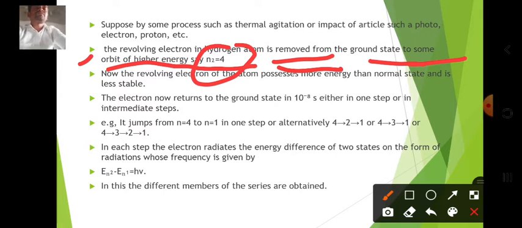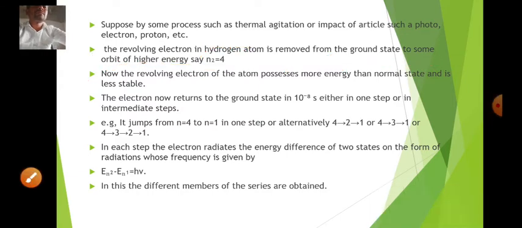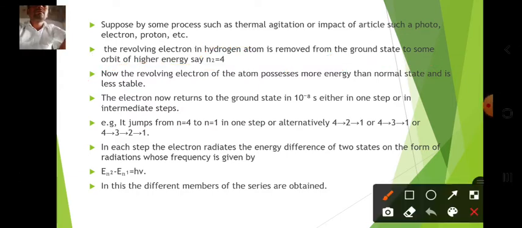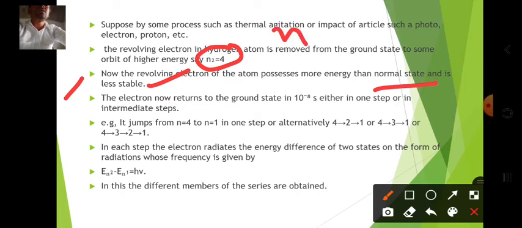Now see this point. The revolving electron of the atom possesses more energy than the normal state and is less stable, which means n2 equals 4 is less stable compared to n1 equals 1.